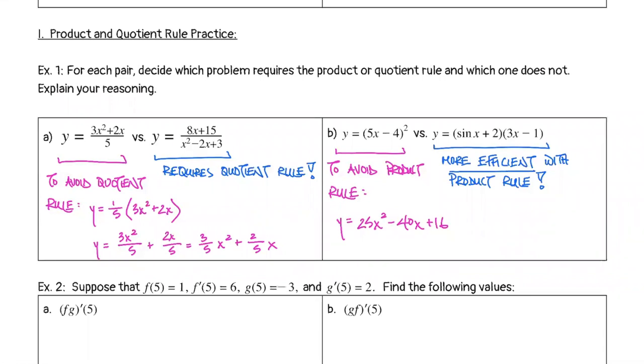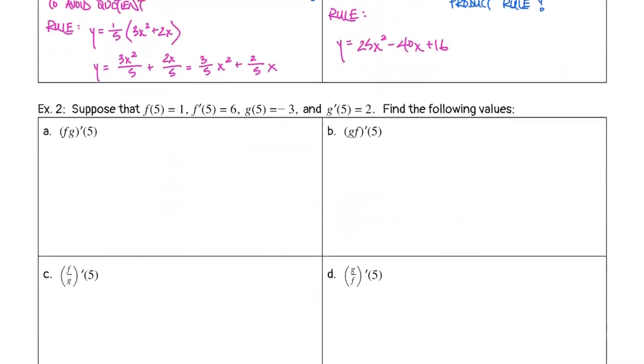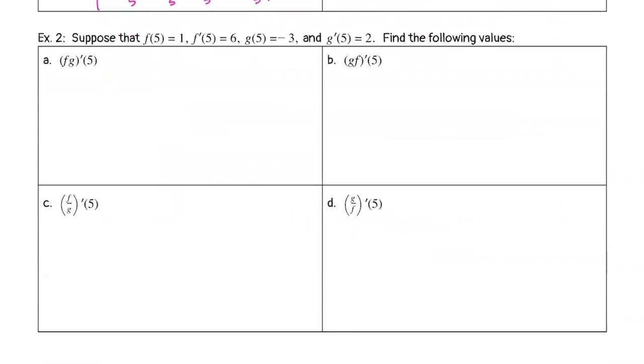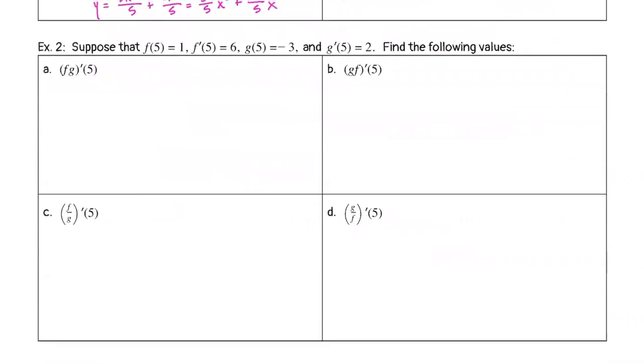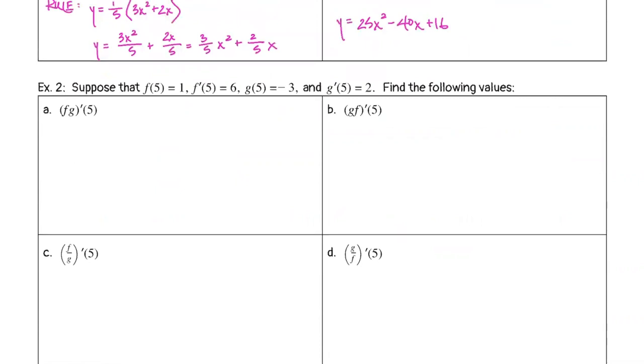All right, so one thing I want us to think about is the decision making. Another thing I want us to think about is this flavor of question, okay? So thinking about this kind of question, what we're really focusing on here is what rules we want to use, okay?